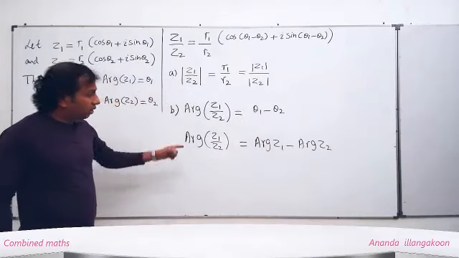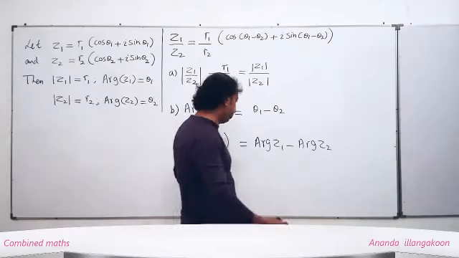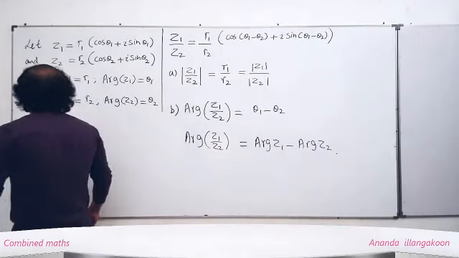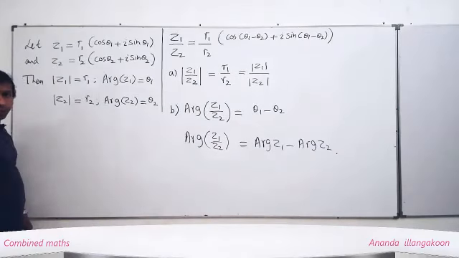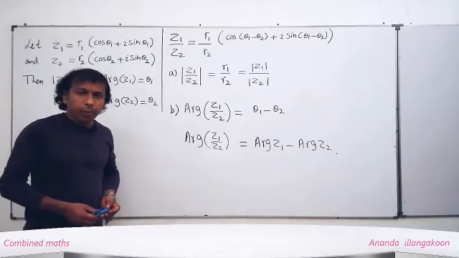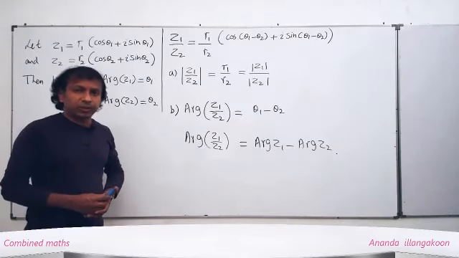So this is the next result. They are very important, right? Not only that, we should know Z1 and Z2 are two complex numbers, no? Then the Z1, Z2 product is also another complex number.